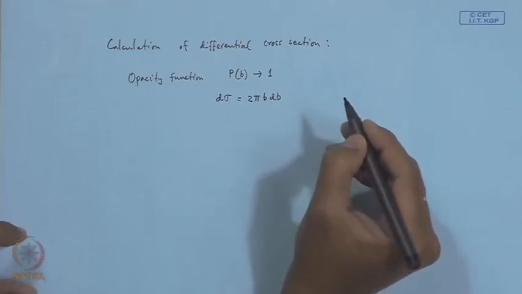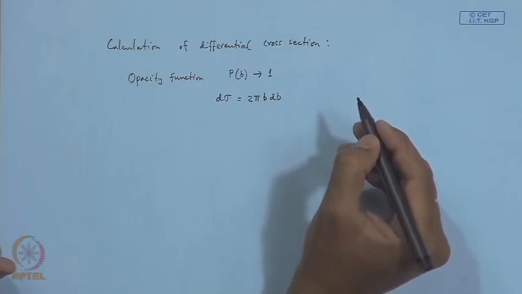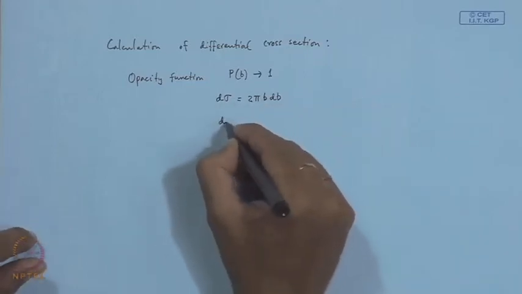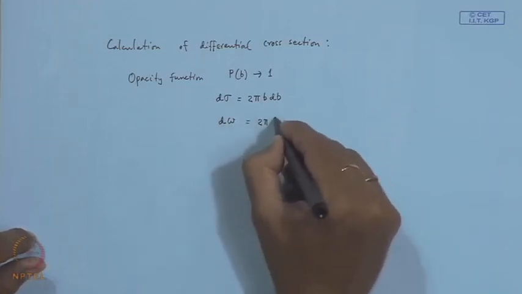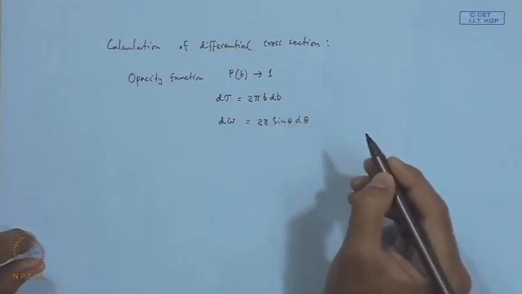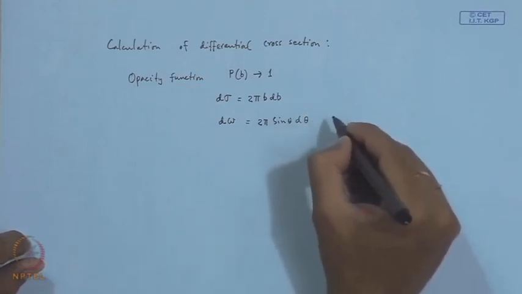And since the scattering problem is of cylindrical symmetry, the solid angle element d omega can be written as twice pi sin theta d theta.